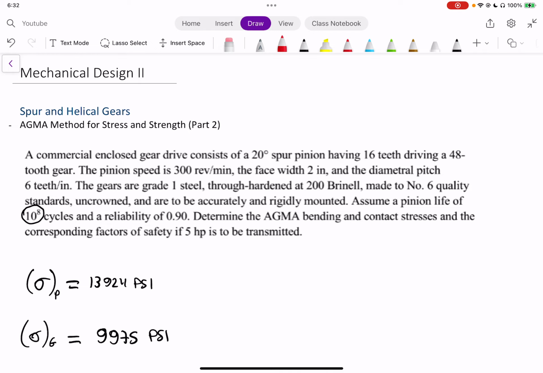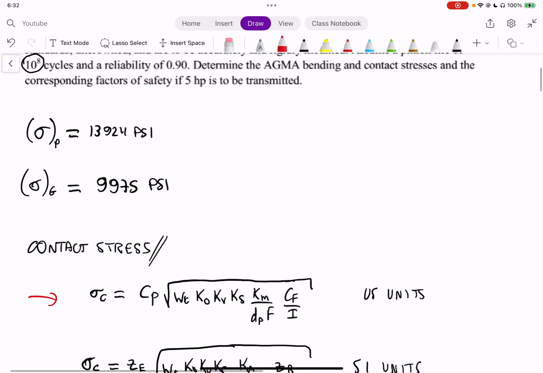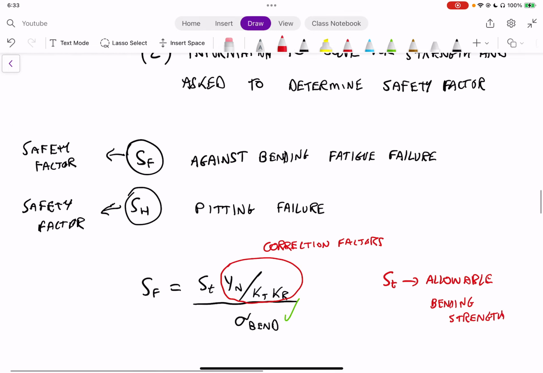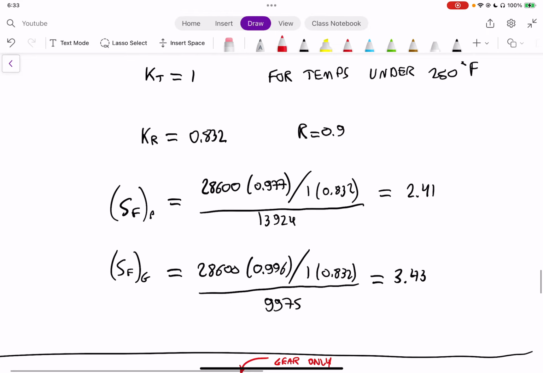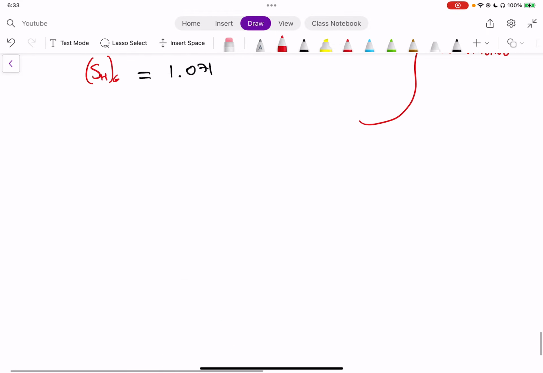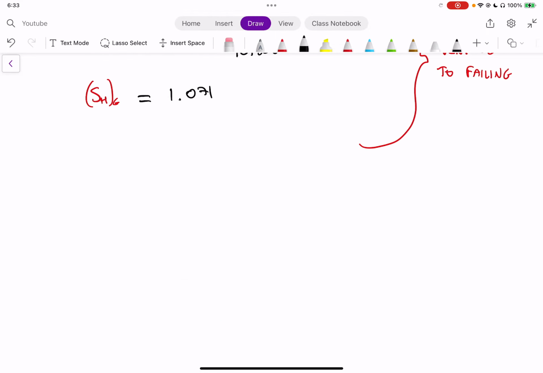So the last thing we're going to do is add a quick aside to this, that sometimes the questions won't ask for a safety factor, but they will ask for something called a design factor.